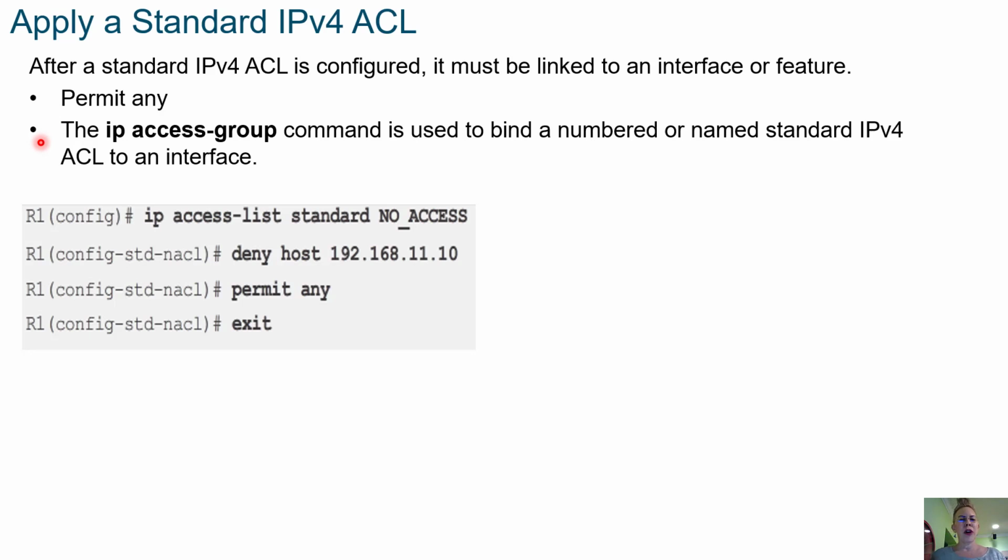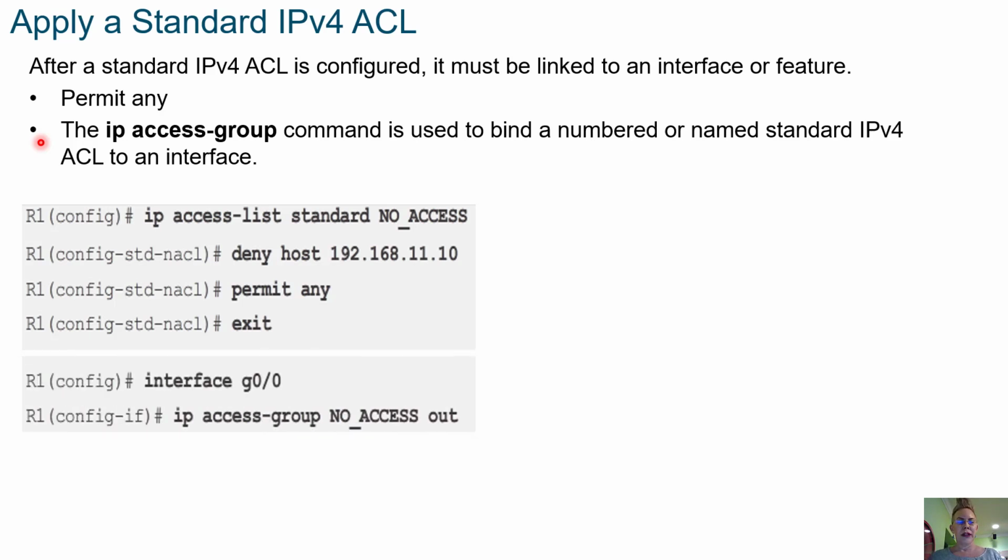Okay, let's move on to applying the actual access control list. So an access control list doesn't actually do anything at all until it's applied to an interface. At this point, all we've done is write the access control list and its entries, but it's not doing anything yet.